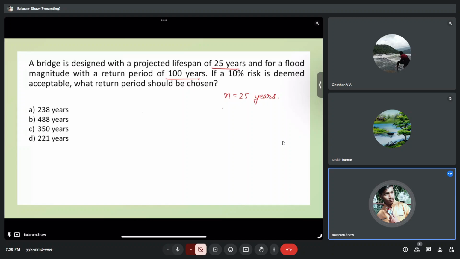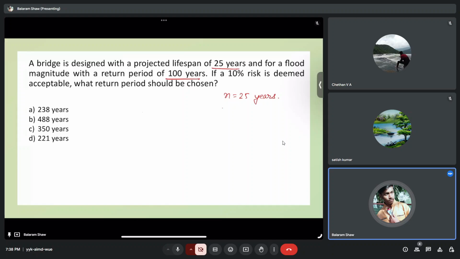You can also check for the 100 years return period for the design type. But for a given 10% acceptable risk, the return period that we get is 237.78 years, that is near 238 years. So the correct answer will be 238 years. Any questions here?